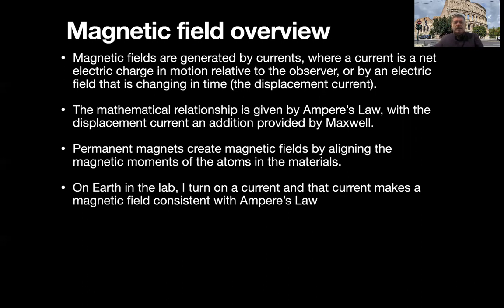Now, permanent magnets, the kind that you might use on your refrigerator door to hold something up, create magnetic fields by aligning the magnetic moments of atoms in materials, because all subatomic particles have a magnetic moment.